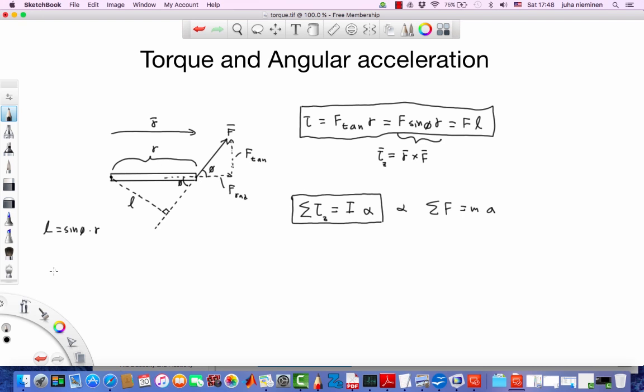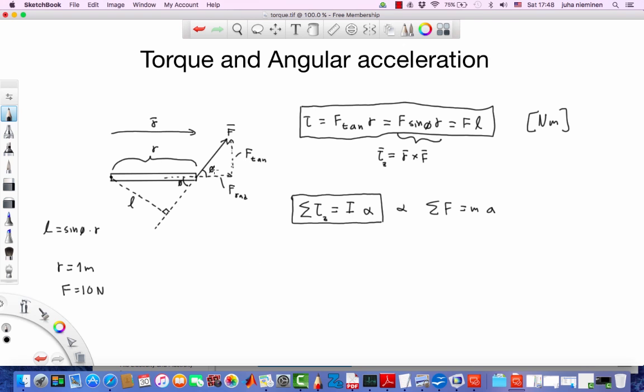So the length of the shaft, let's say it's 1 meter. Then we have a force with a magnitude of 10 newtons. The units of torque, by the way, are force times distance, so it's going to be newton meters.